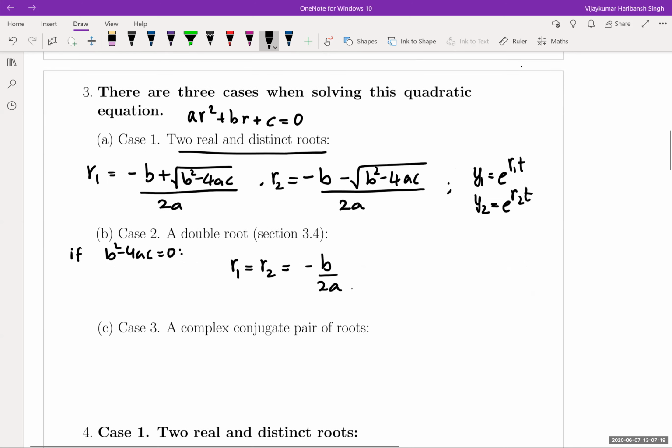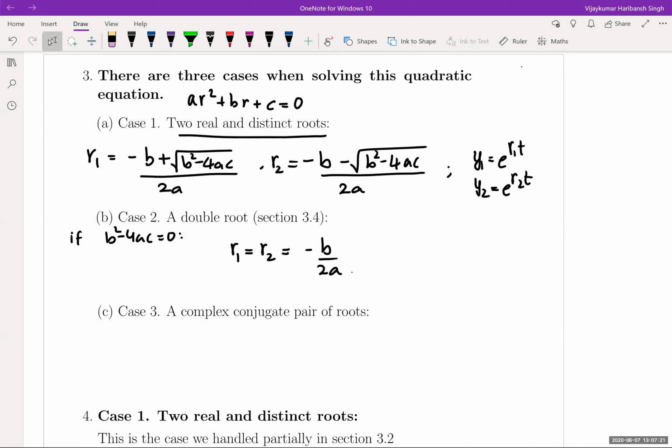Now the third case is that the roots are complex, so we have b squared minus 4ac less than 0. That is when the quadratic equation will have complex roots.